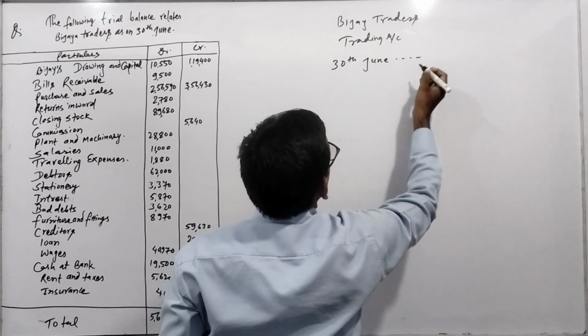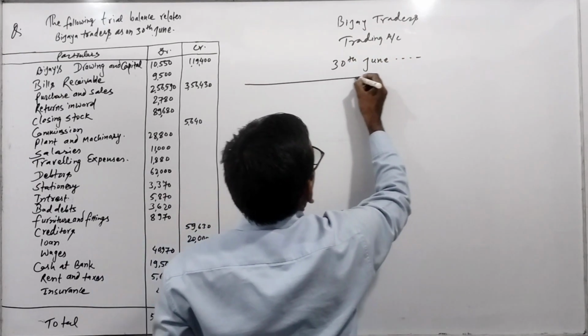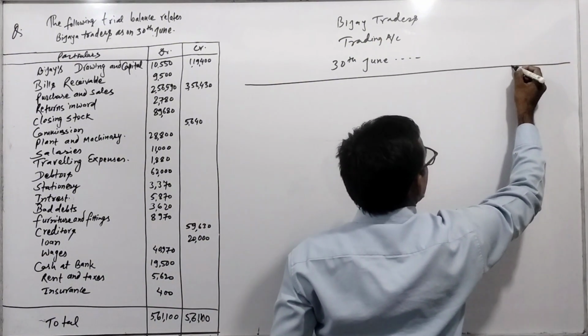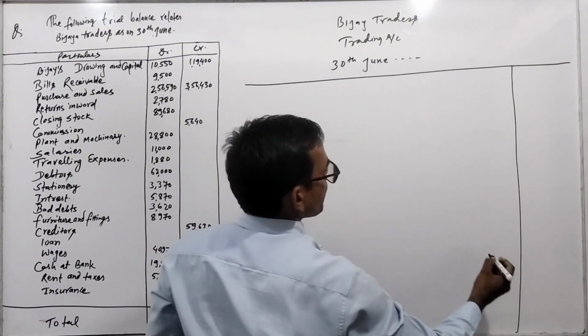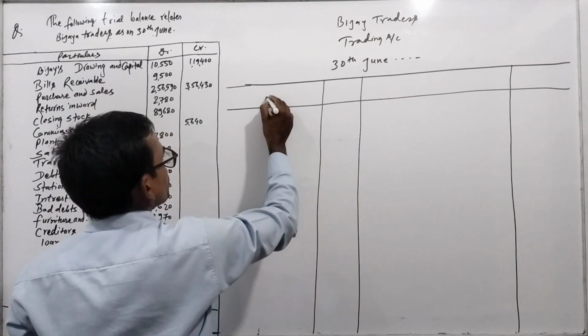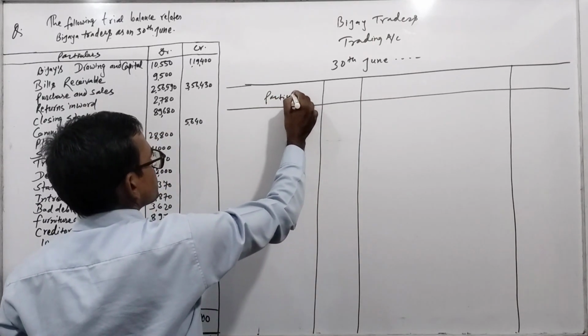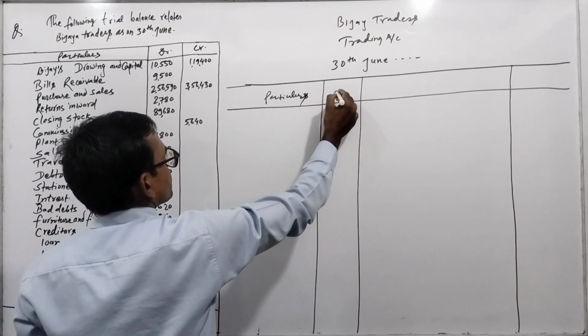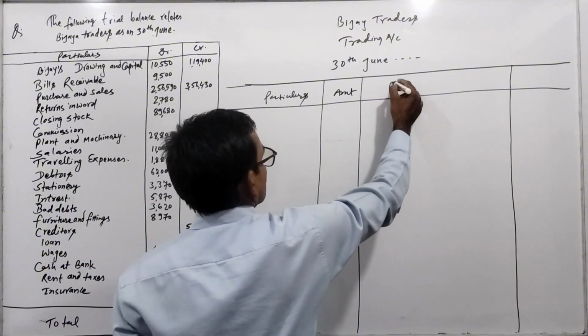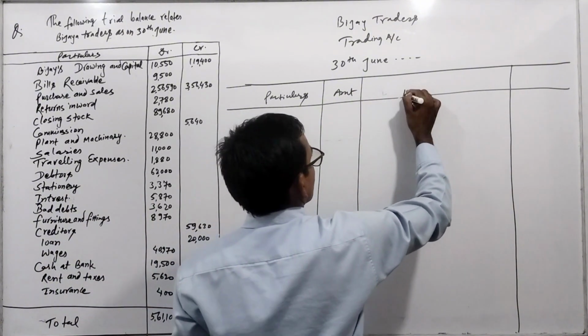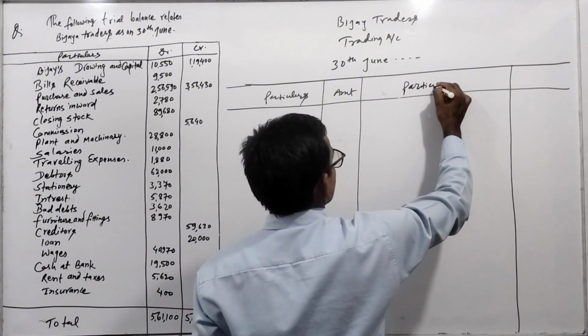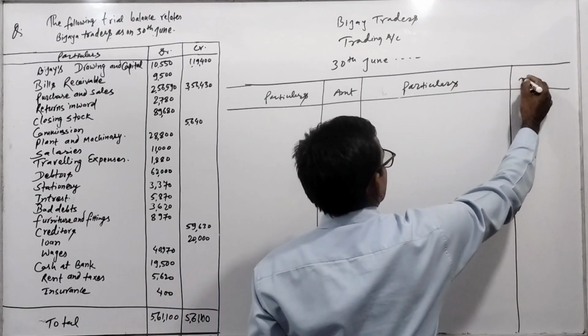Year is not given, so don't write. And you have to make trading account. You have to write here particulars, amount, here also particulars, amount.